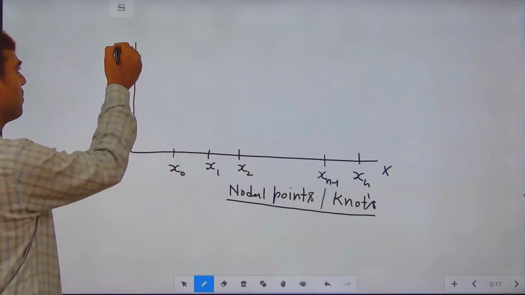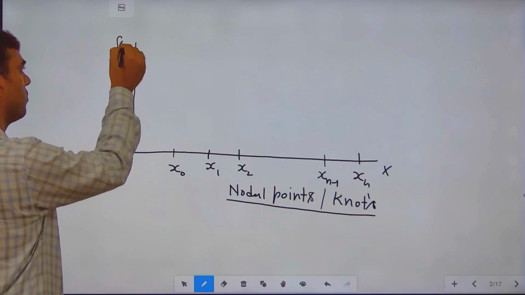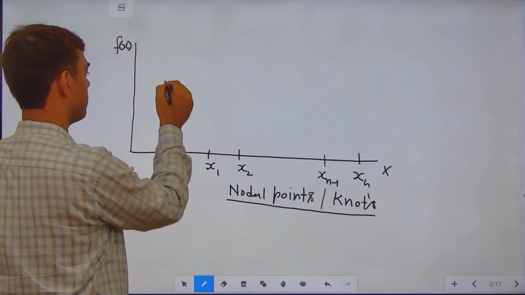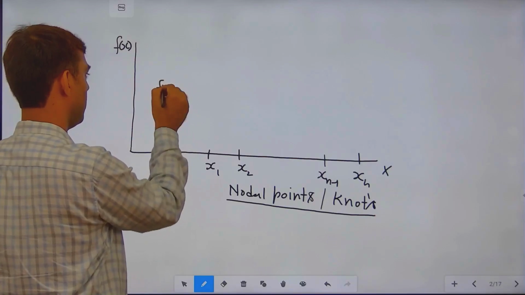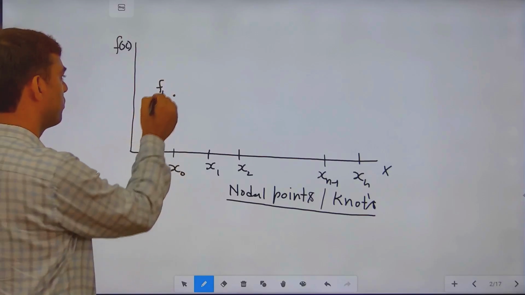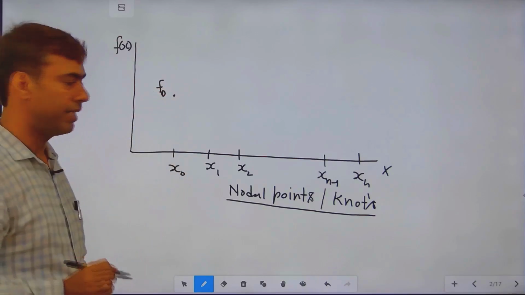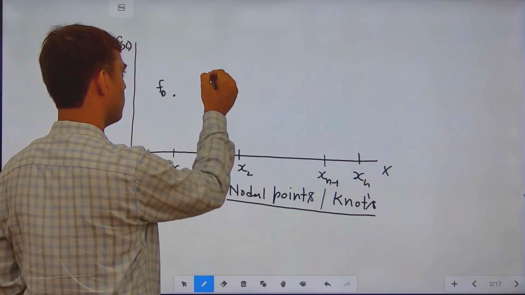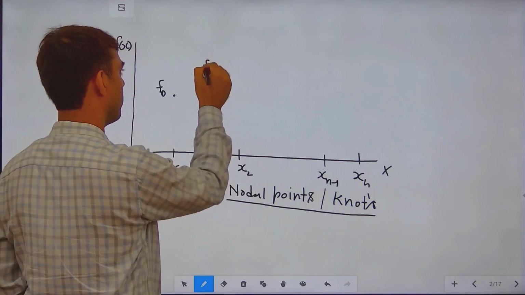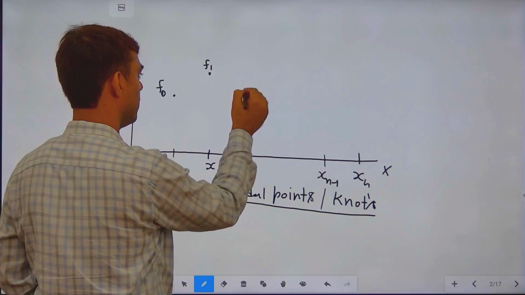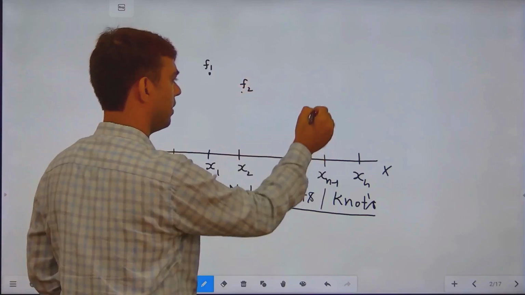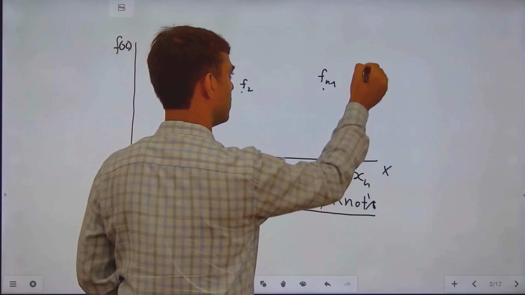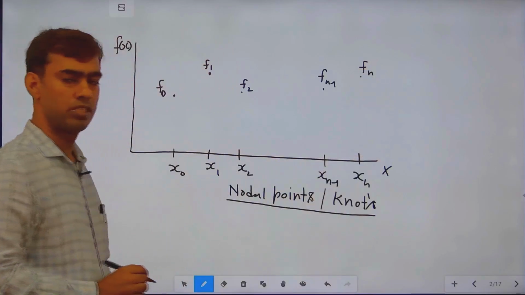On the y-axis, if we plot f(x), suppose this one is the first point, f0. At x0, the value of the function is f0. At x1, suppose the value of the function is f1. Similarly, here f2, and this point is fn minus 1, and this point is fn.